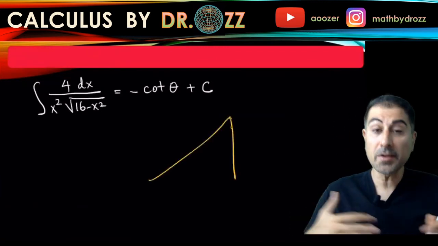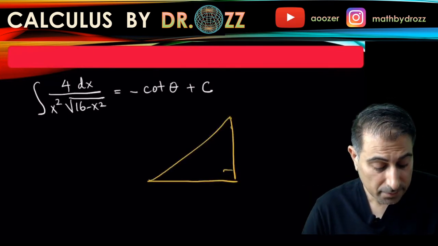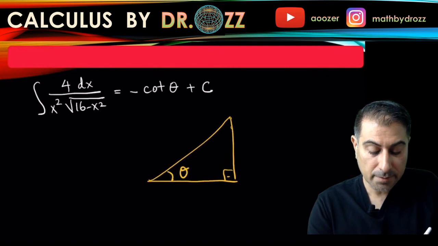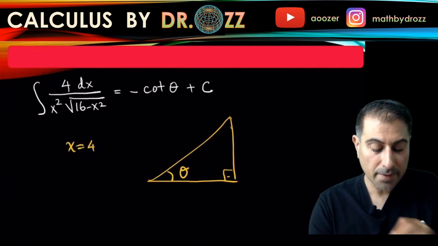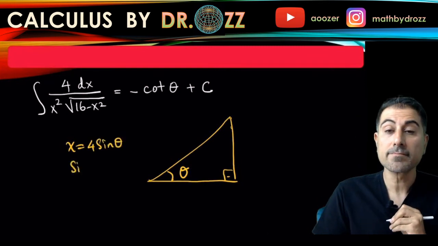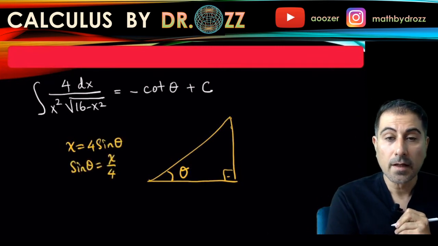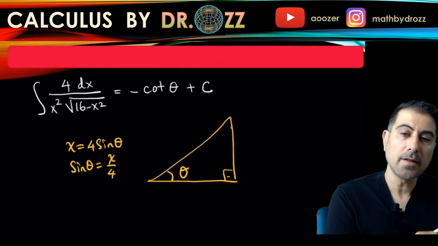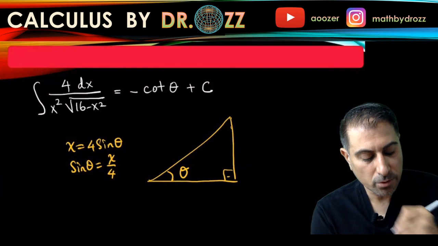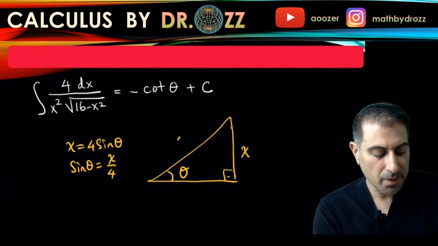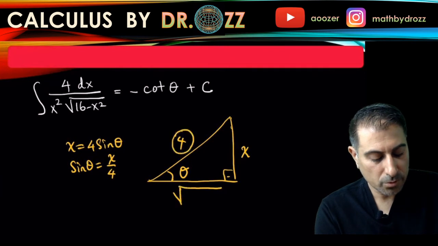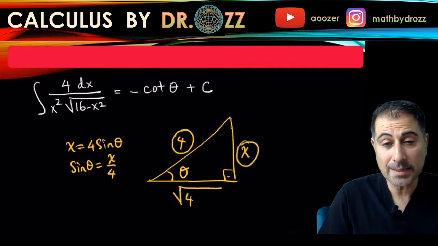Let's do it together, so you can see how I do this. I had the substitution x equals 4 sine theta, so sine theta is x over 4. Sine is opposite divided by hypotenuse, so here we go, x and 4. That means this side should be the square root of 4 squared minus x squared, in other words, the square root of 16 minus x squared.